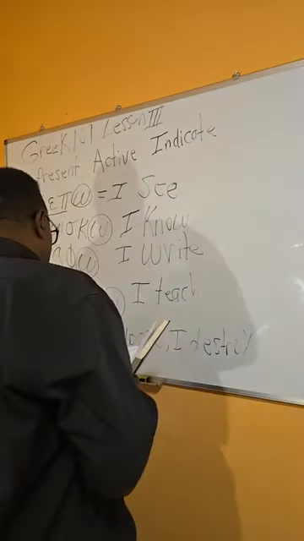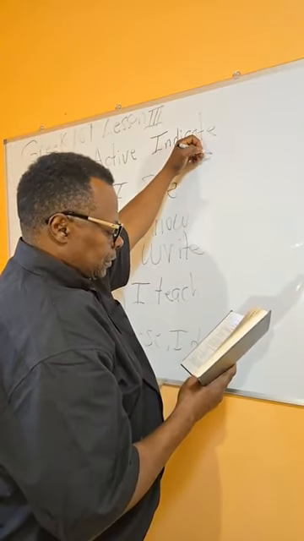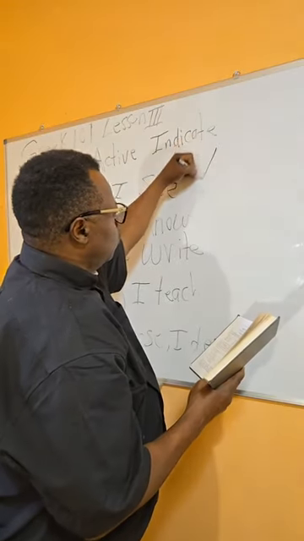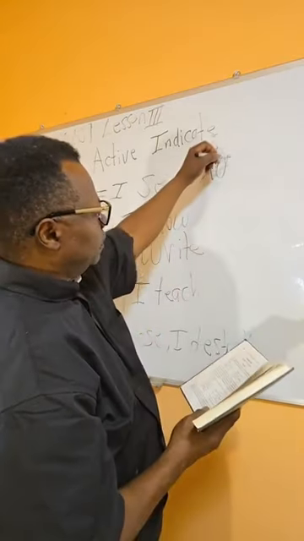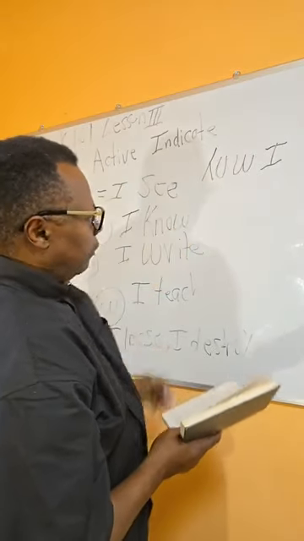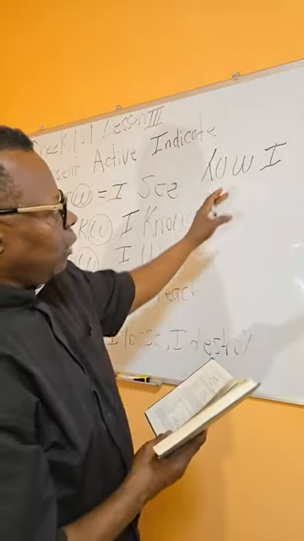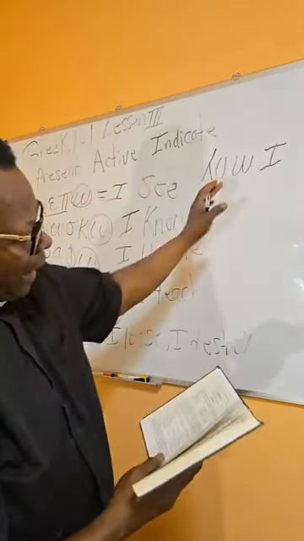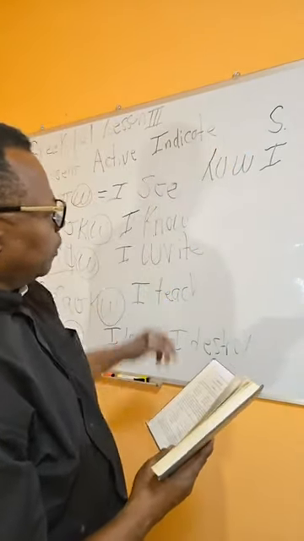And lu, like I have here, luo on the bottom, I loose, is what we use to teach the first person, second person ending. We already know that lu means loose, but luo means I loose. I'm writing I is the first person, your singular. Okay? First person singular.